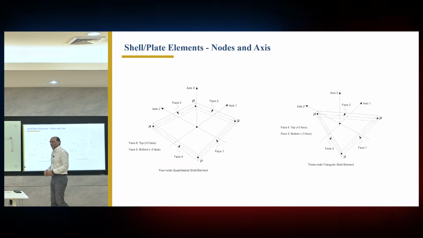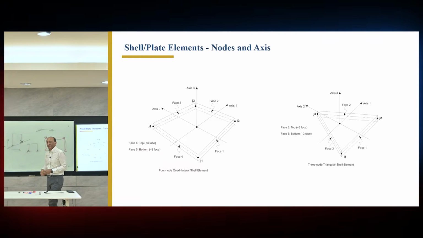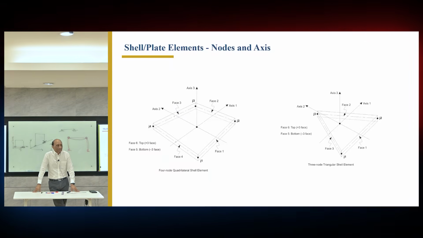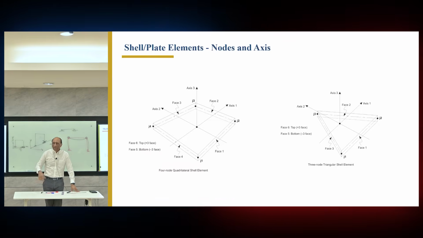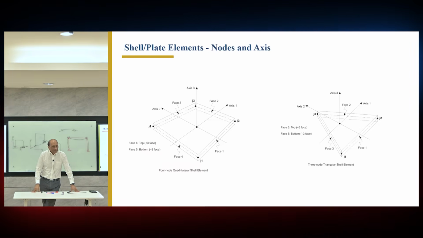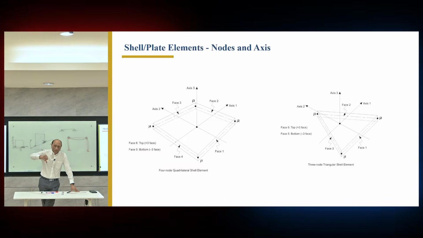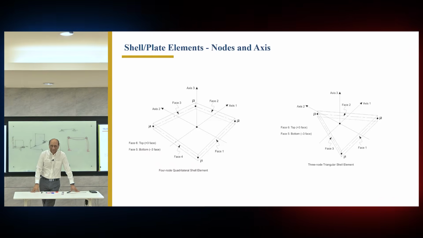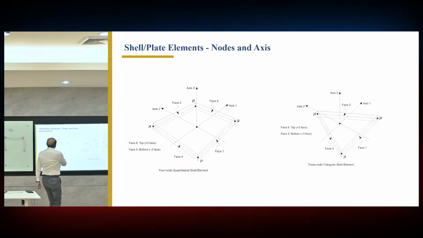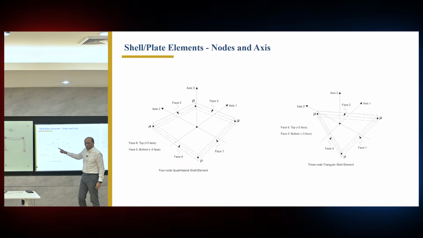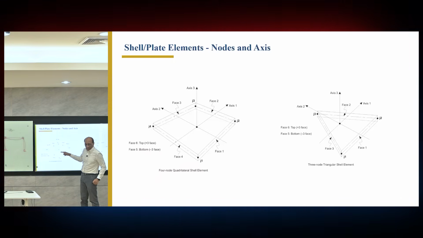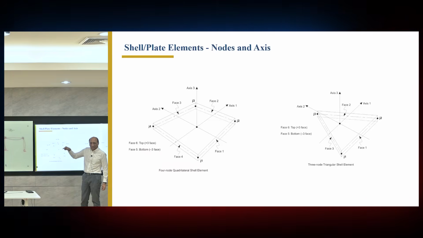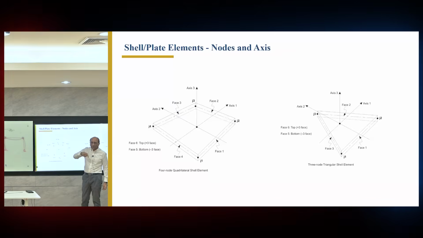So the positive direction of the face of the element, or the vector perpendicular to it, is decided by the order of numbering. If you change the numbering order, it will point the other way, and the sense of all bending moments and shear forces will change. So that's why it's critical that if you're doing manual numbering or manual drawing, we must do it the correct way. Click, click, click, click, like that. If you do it this way, it will be reversed.